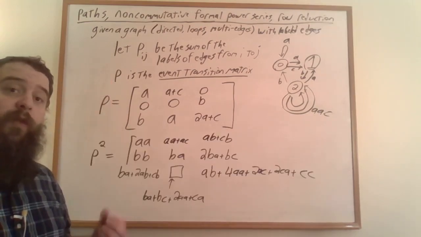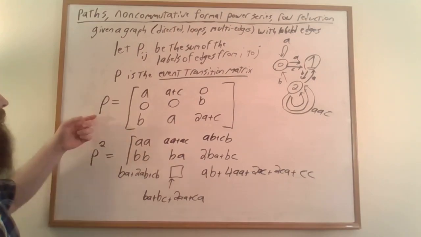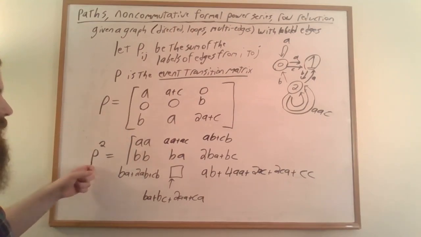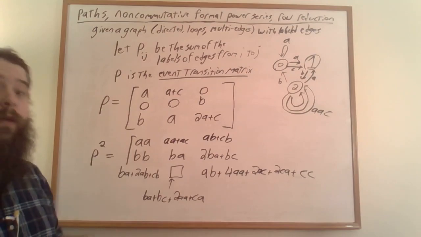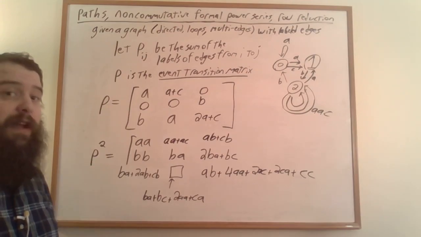But of course, if we're reasoning about regular languages, we're not interested in paths of length 1 or paths of length 2 or paths of length 3. We're interested in any path going from a start state to a final state.